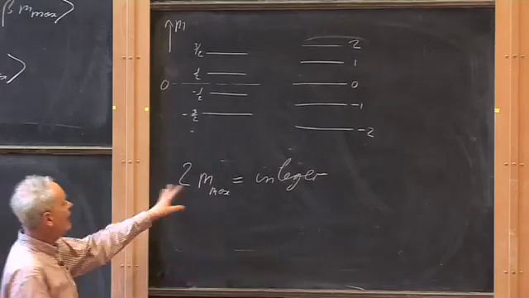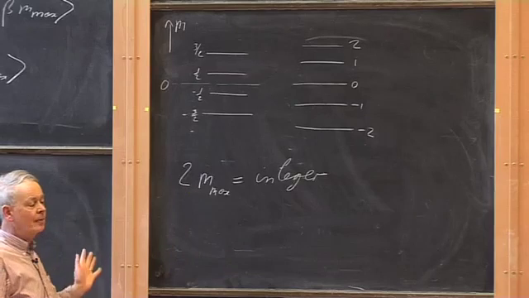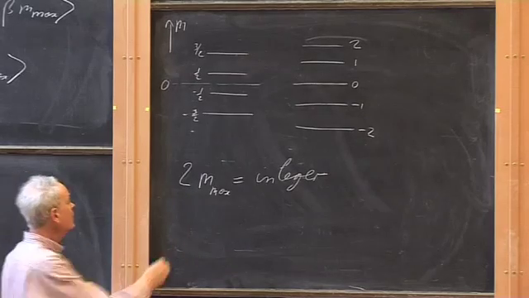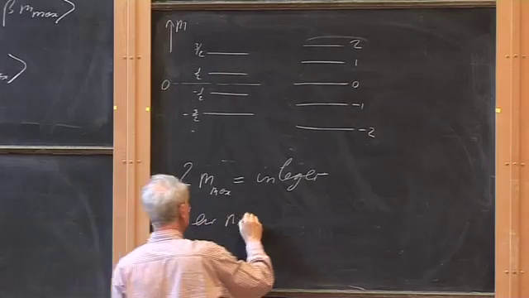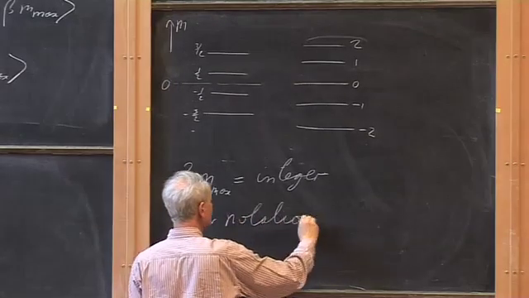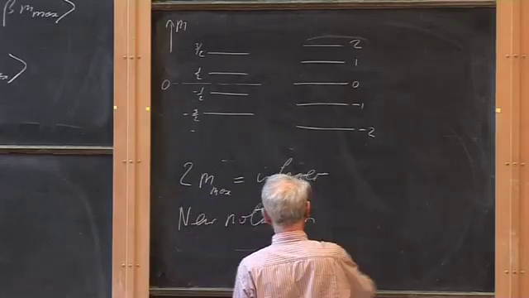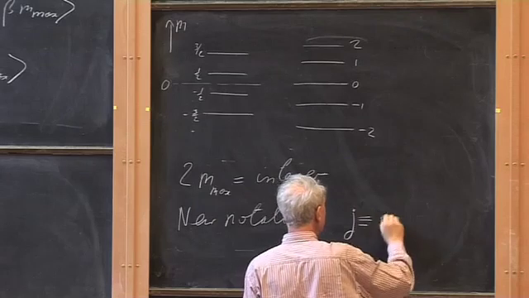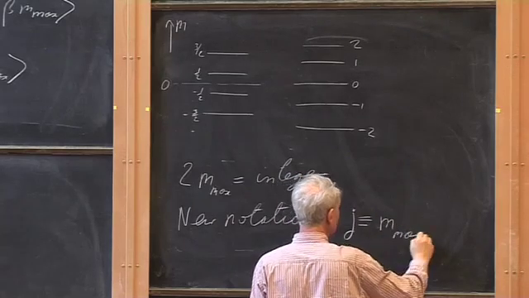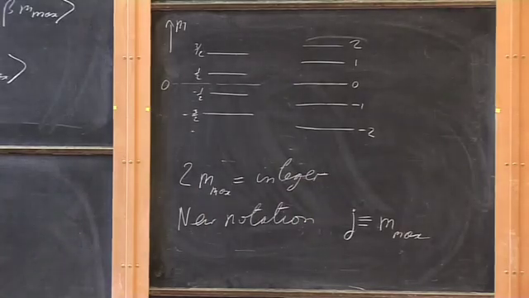Now, we could carry on talking about beta and m max, but it's extremely boring and nobody does that. What they do is they use a new notation. The new notation is that j is what you mean by m max. The biggest value of m is called j, little j.